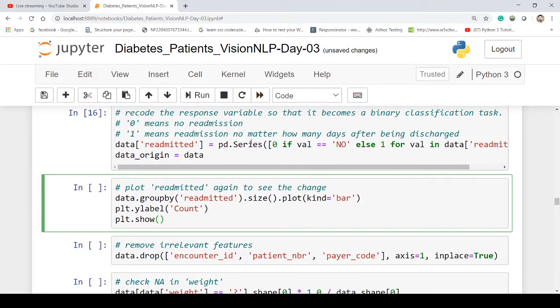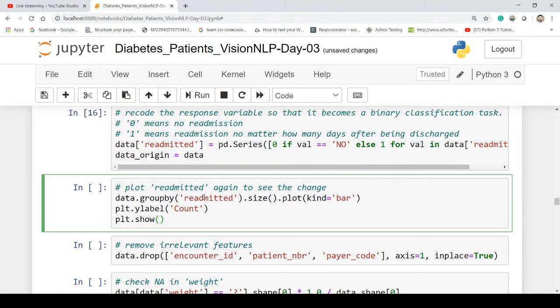Initially we had three different categories. Now we have only two categories, one is readmitted and one is no. So we'll see how this plot will be. Again, the data dot group by. Group by means when you combine the data into one meaningful set of values, correct?